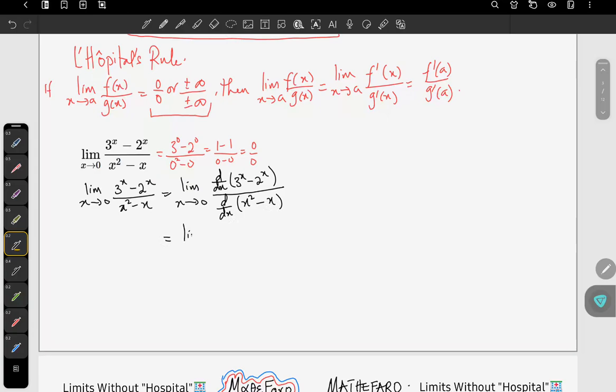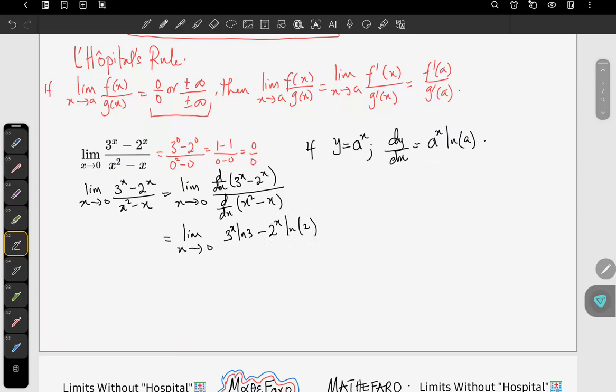And that is the limit as x approaches 0 of, so generally if y is equal to a raised to power x, dy/dx is equal to a raised to power x natural log of a. So the derivative of 3 raised to power x is 3 raised to power x natural log of 3 minus the derivative of 2 raised to power x, which is 2 raised to power x natural log of 2.